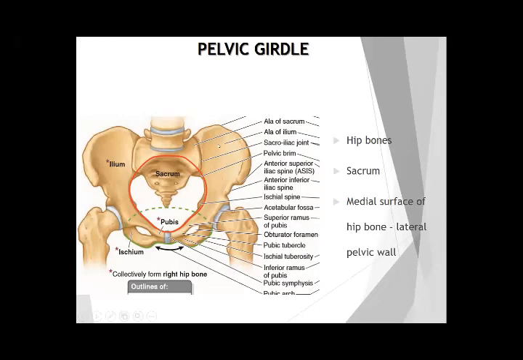The pelvic girdle is formed between the hip bones and the sacrum. The medial surfaces of the hip bones make up the lateral wall of the pelvis, and posteriorly we have the sacrum. Anteriorly we have the joint between the two hip bones, which makes the pubic surfaces.